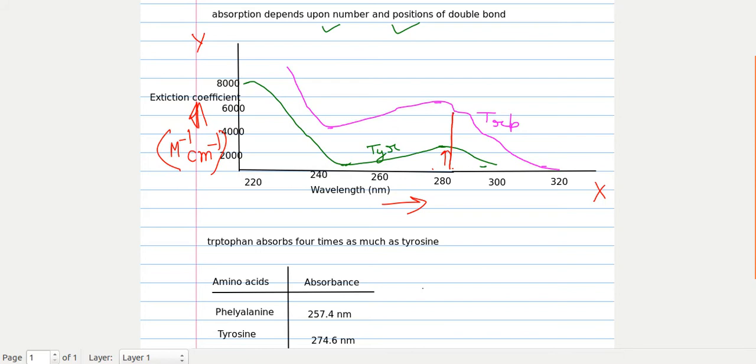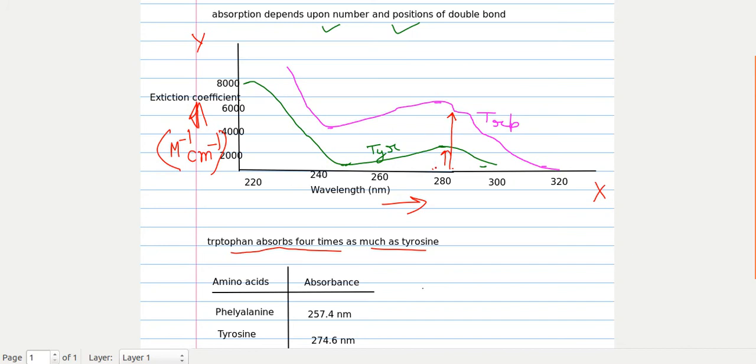Tyrosine has a maxima and tryptophan has a maxima. But you see the tryptophan absorbs 4 times as much as tyrosine. Again, this is not to scale, but you can imagine if this is one, then there will be 3 more. So tryptophan absorbs 4 times as much as tyrosine.